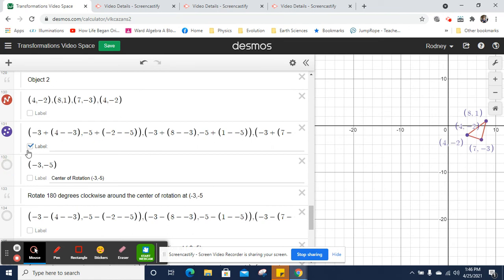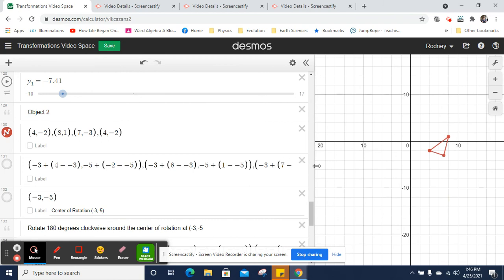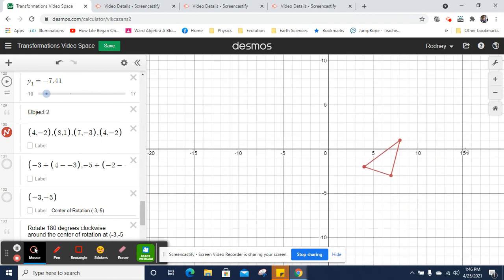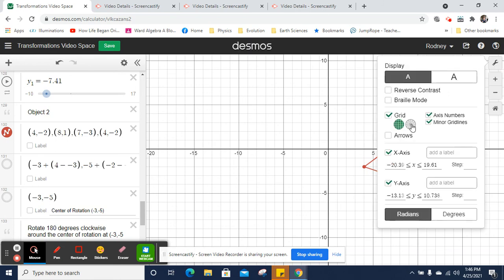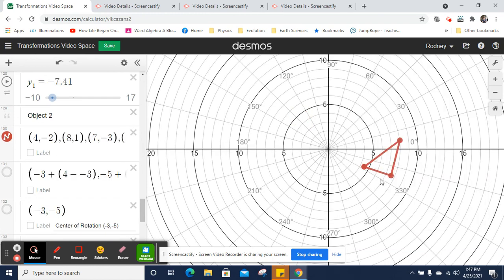If you have, say, a triangle like this one right here, and you needed to rotate it around the origin, something other than 90-degree chunks, you're going to need the polar coordinate system, and you need to learn how to use it. Now, it's really a neat system because we can rotate in other chunks of degrees.